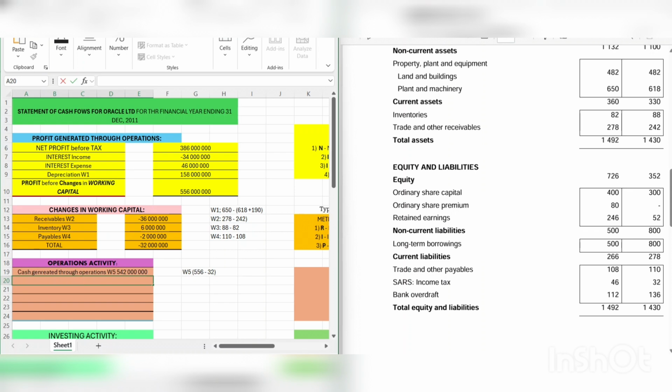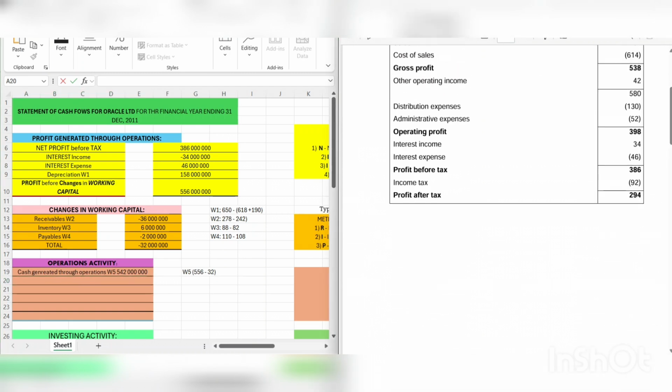The second thing to do is to calculate our interest income. Now, in the operations activity, it's literally logical. If it's income, you add it, and if it's an interest expense, you subtract it. Okay. So with our interest income, let's check it out.